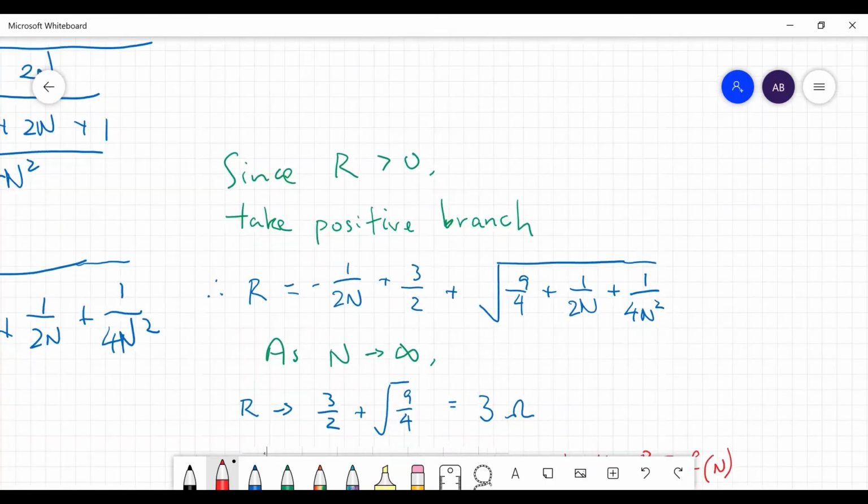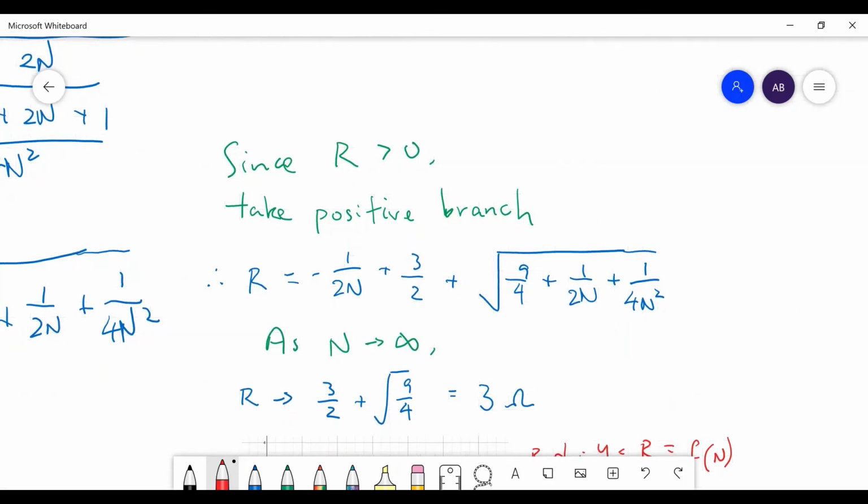And the maths verifies this: as n tends towards infinity, all the terms with a denominator of n or n squared tend towards 0. And you can see, yes, indeed, R tends towards 3 ohms as n tends towards infinity.